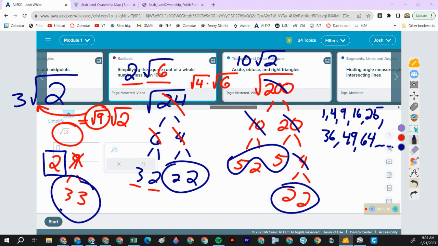No. 100. Right? So root 200 is really root 100 times root 2. And root 100 is 10. So the answer is 10 root 2. So if you remember that, you can simplify these in your head.